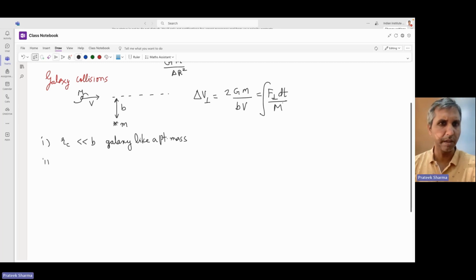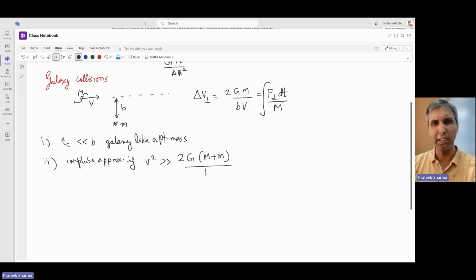Now the other one is the impulse approximation, which holds if V squared is greater than 2G(M plus m) by B. So it's moving much faster than the escape velocity from this system. We have seen that earlier as well. So then you'll have small deflection.